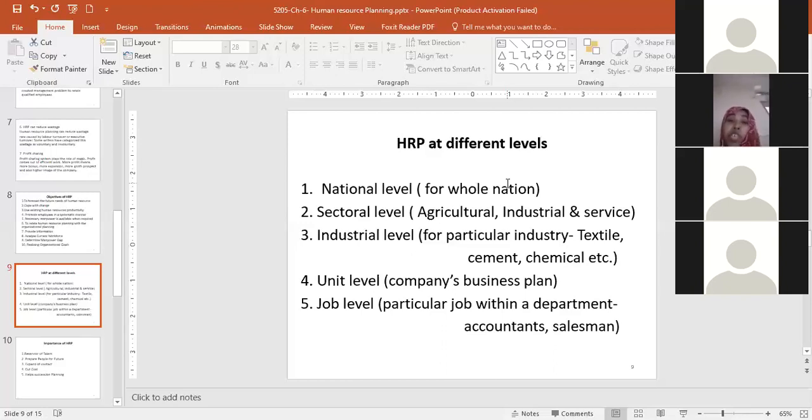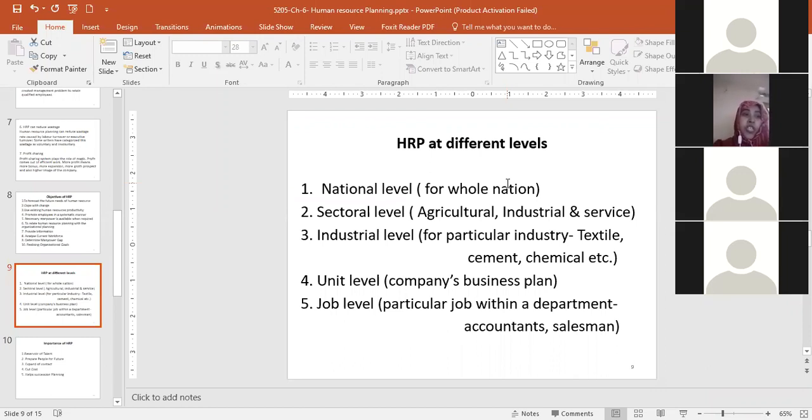Number 4 is unit level. In this case, the human resource need of an organization or company is based on the company's plan. According to the company's plan, human resource will plan about their employees. And number 5 is job level.